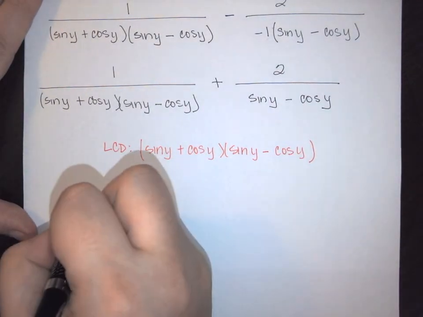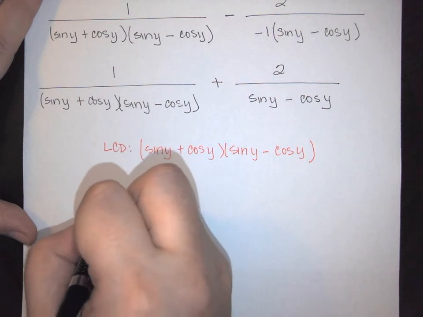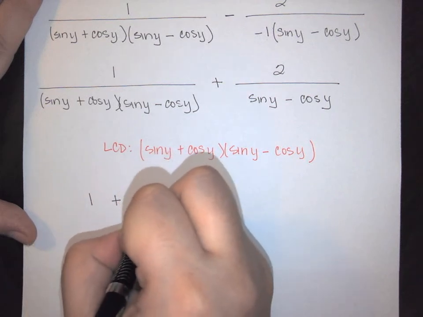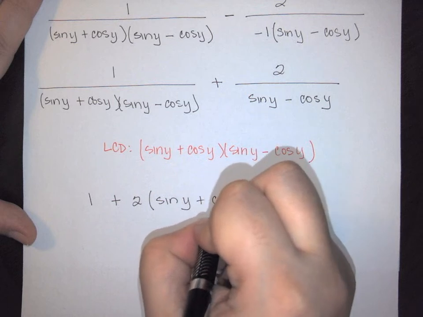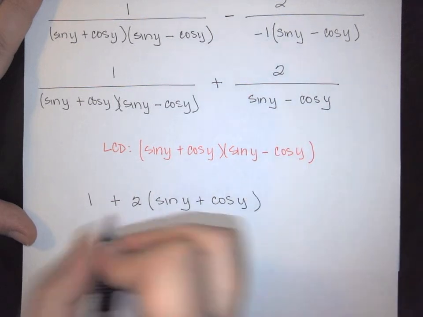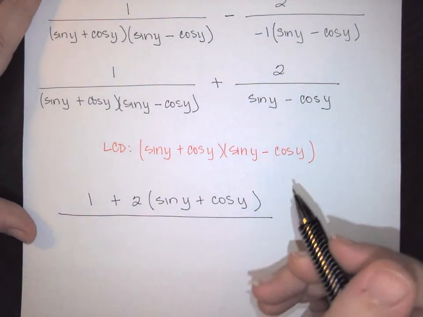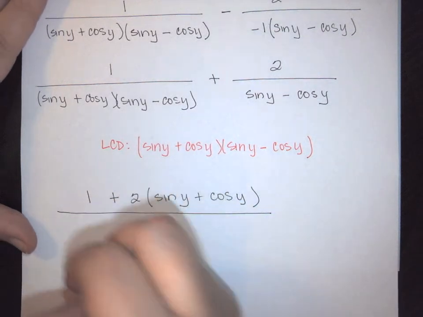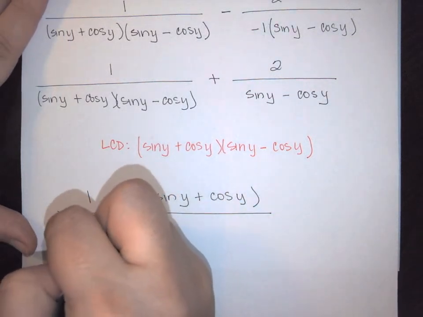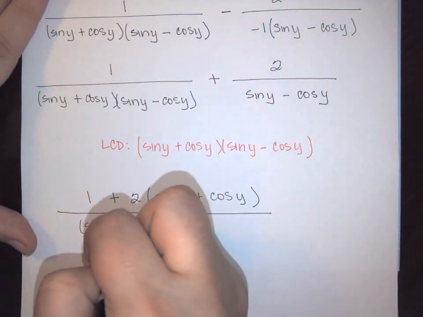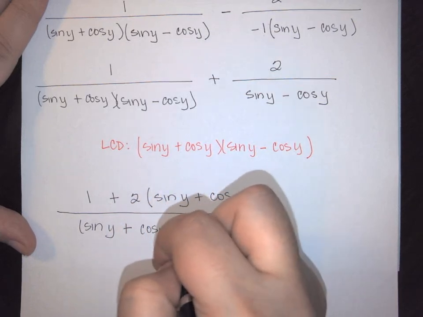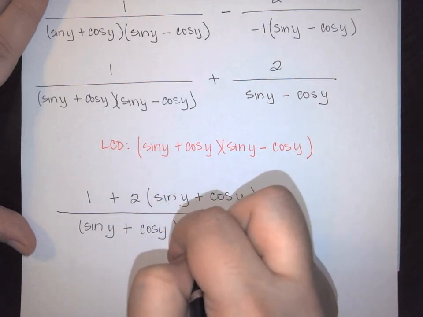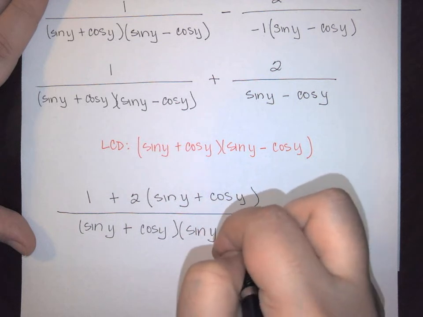So I am actually going to have 1 plus 2 times the sine of y plus the cosine of y, and the whole thing is over that common denominator, which is the sine of y plus the cosine of y times the sine of y minus the cosine of y.